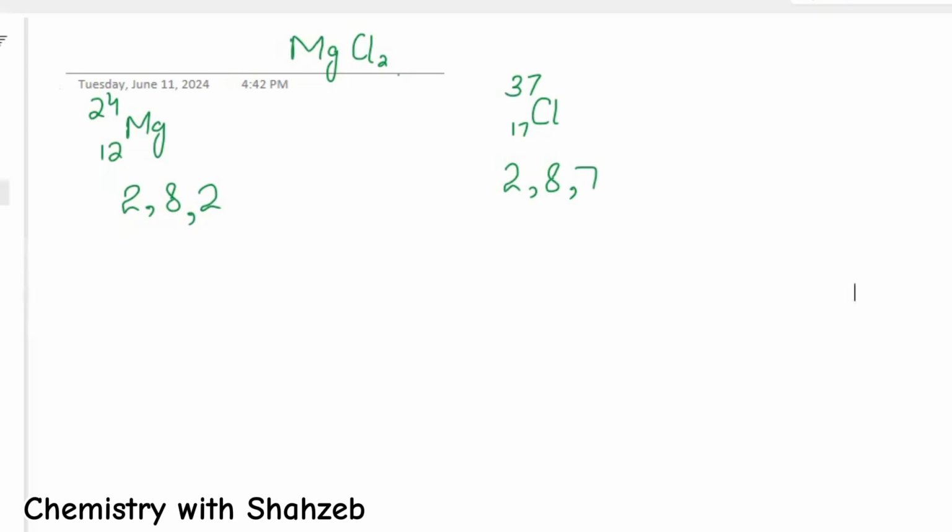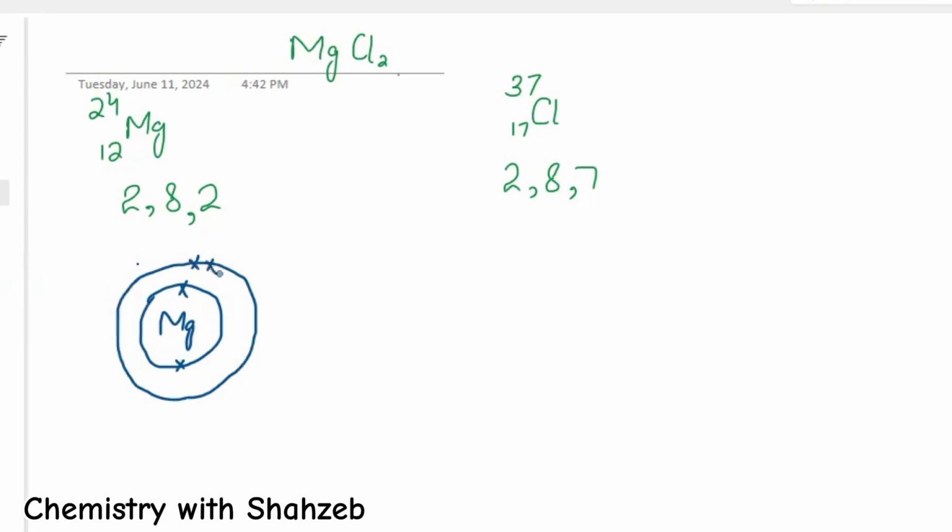Okay. So now what happens here? Magnesium has two electrons in its first shell, eight electrons in its second shell, and two electrons in its third shell.